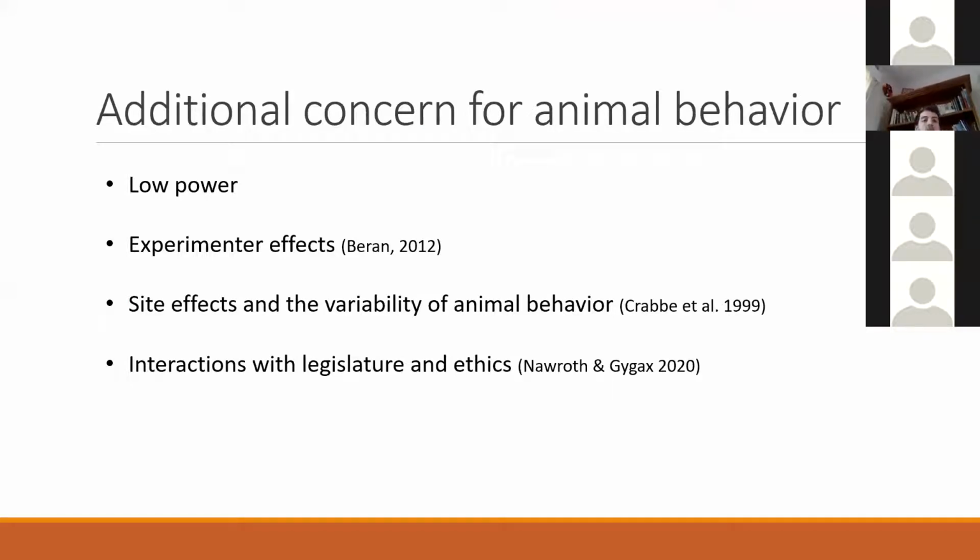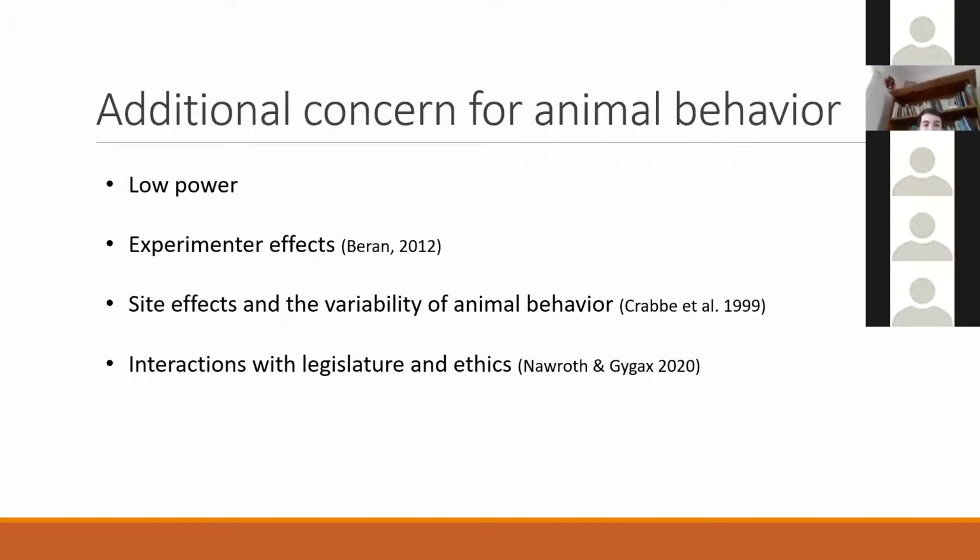We know animal behavior is really variable. We know that if you do something at one site with some animals, it might not happen at another site, which is a bit of a concern if we're doing animal research on hard to reach populations. How do you know that your sample of animals aren't just doing something weird that another sample of those animals wouldn't do?